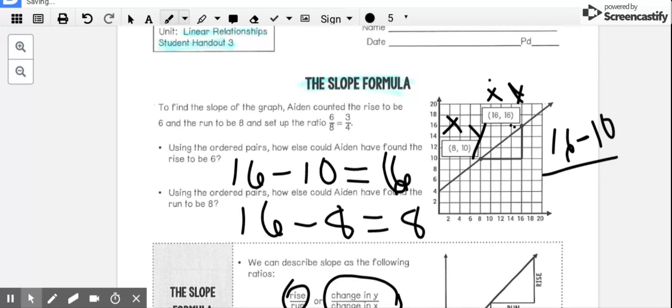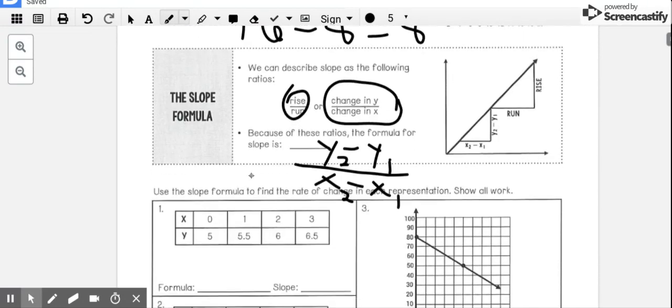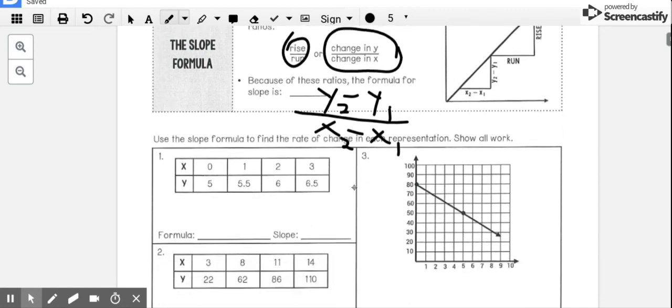We could not flip-flop them. And that's what these little 2s and 1s mean, that if you start with the Y on one ordered pair, then you have to start with that X on the same ordered pair. So we'll see it down here.